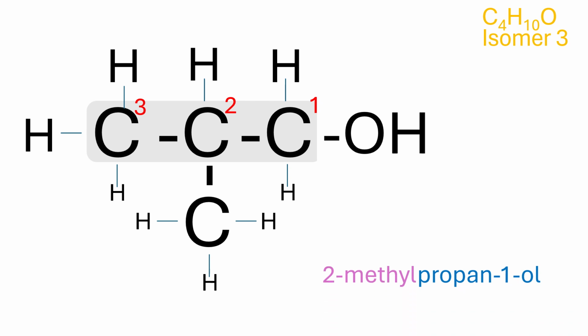But at the front, we need to address this side chain coming off the second carbon, and having 1 carbon as a side chain, we use the prefix meth, and yl represents the side chain coming off the second, so it's called 2-methylpropan-1-ol.